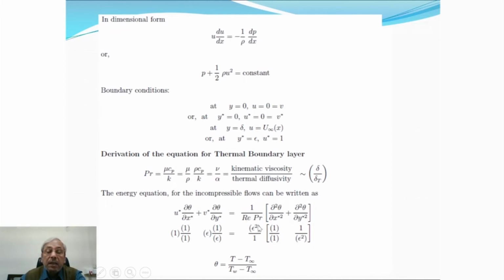And here this order we have to assign. We have retained the order of Reynolds number. Usually the Prandtl number for all working fluids is such that it doesn't change this order of magnitude value of 1 by Reynolds number.